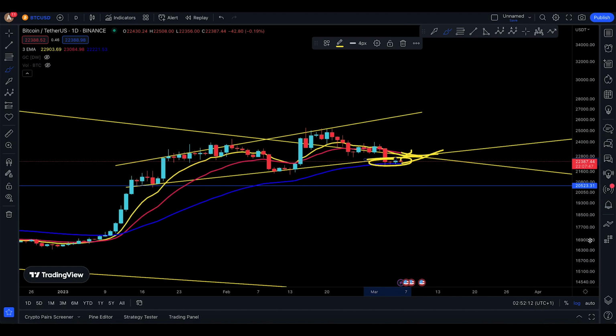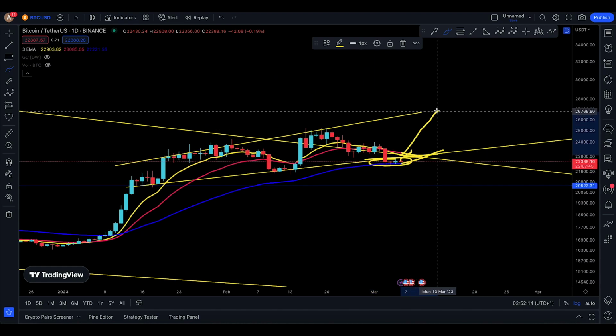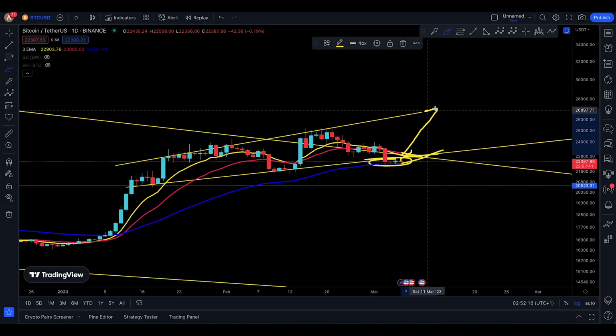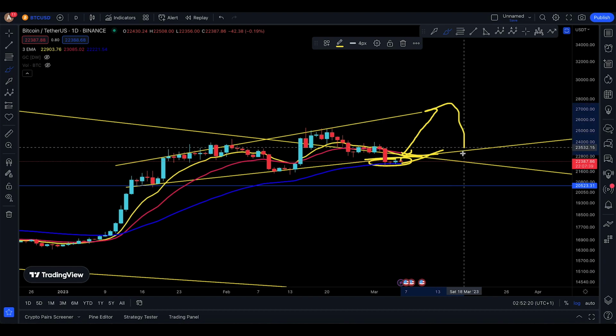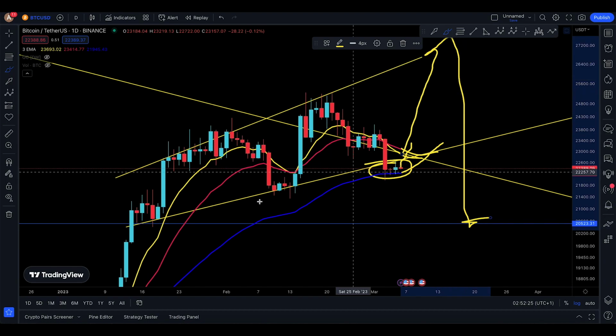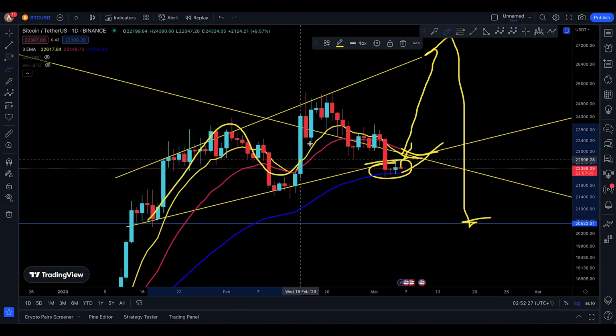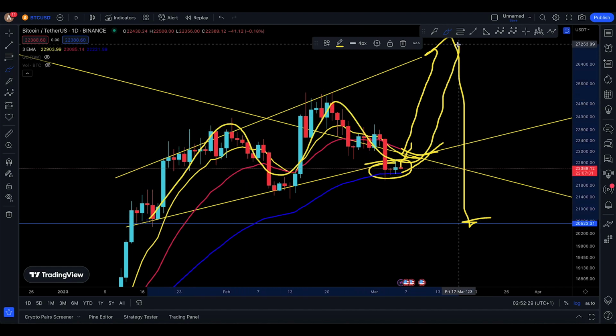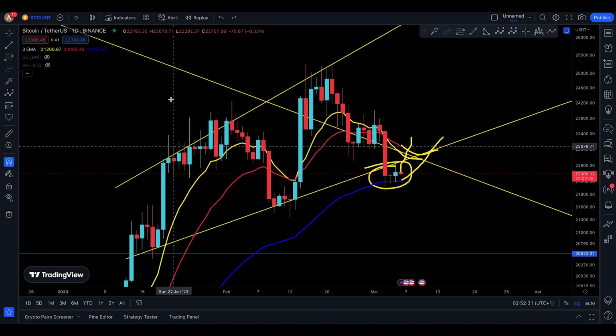The higher target is going to be up here, nearly $27,000. When you touch $27,000 in the future, maybe you go back down to 20,000, because that's going to be an extended ascending broadening wedge. It's still an ascending broadening wedge, but a very big one. So that's what you have to keep in mind.